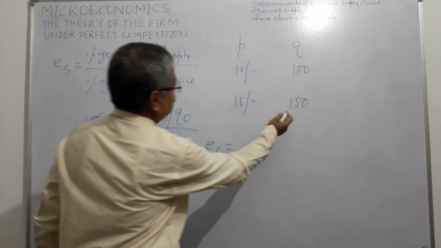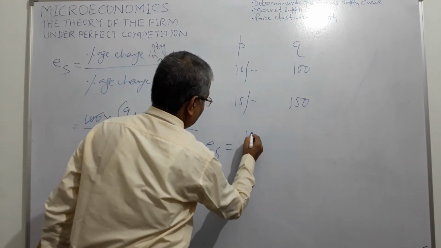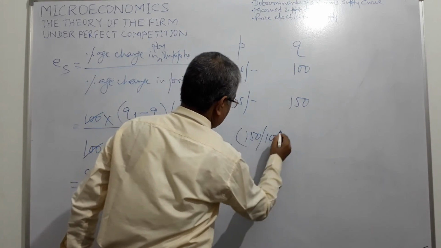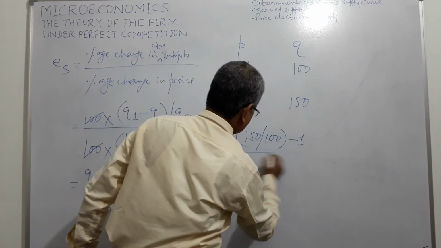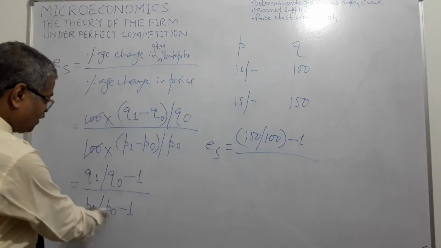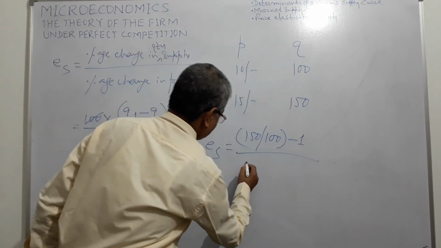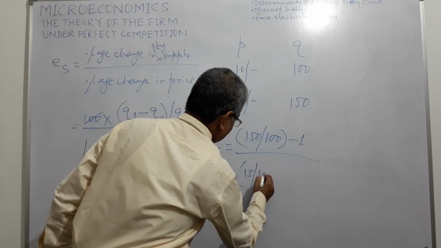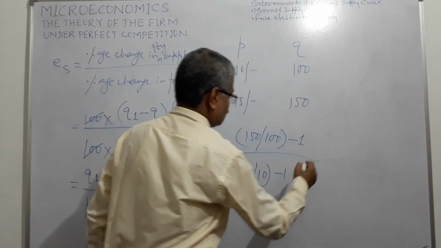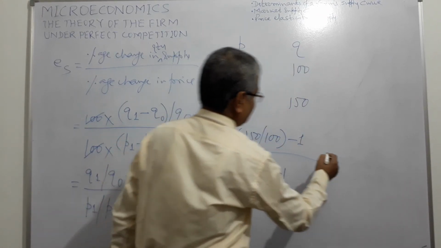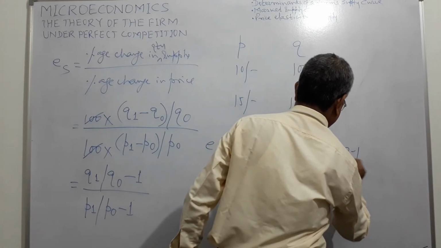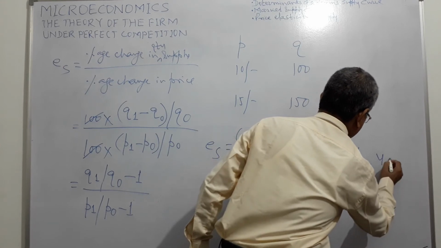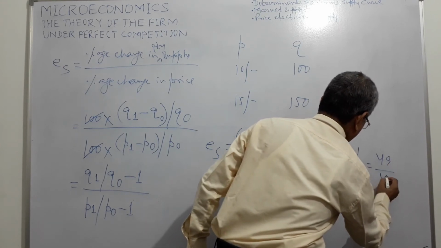Q1 is 150 upon Q0 100, minus 1; P1 is 15 upon P0 10, minus 1.